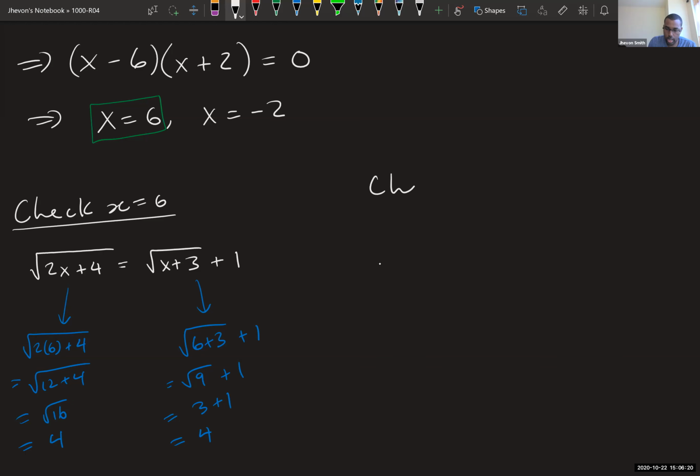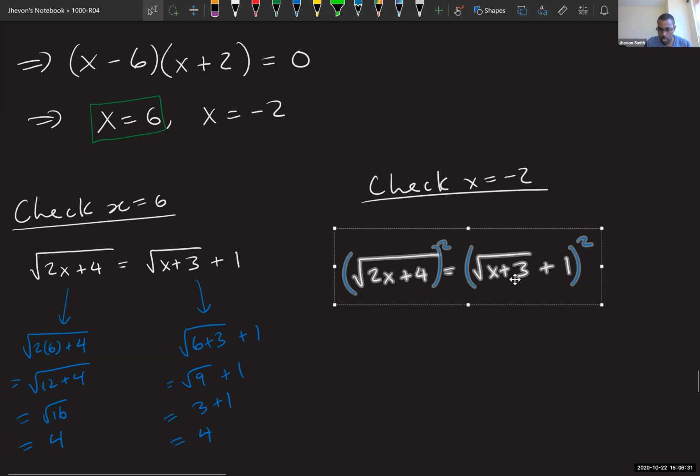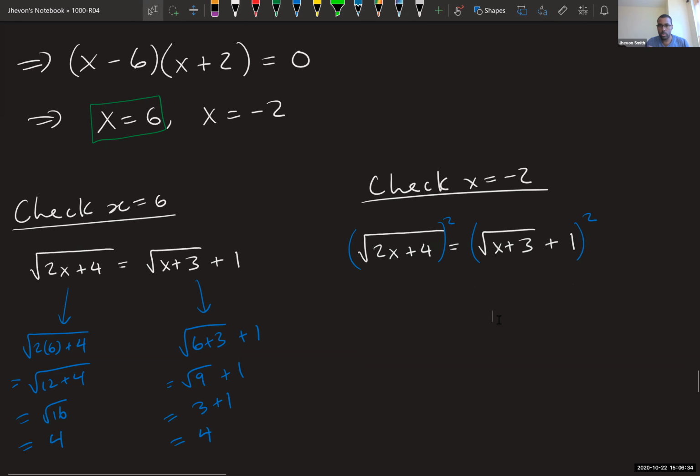Now I would try to check x equals minus 2. Which means if I plug in minus 2 here, this is 2 times minus 2 plus 4. That's just radical 0, which is 0. Here, if I plug in minus 2, that's just radical 1 plus 1. That's actually 2.